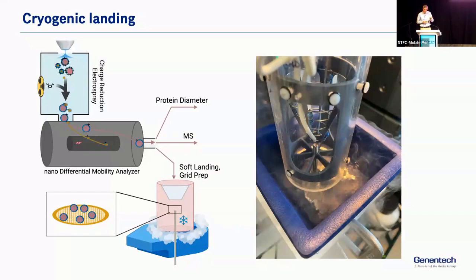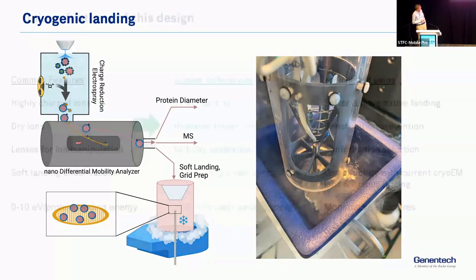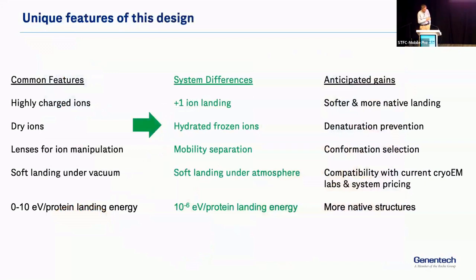But that holds a pre-clipped grid, and it has a continuous either graphene or carbon so that the proteins don't fall free. Okay, so that's the basic idea. I'll skip over this, but this is quite different from the other talks you may have seen recently about soft landing, because we're at atmosphere, and we have singly charged ions with much lower energies.